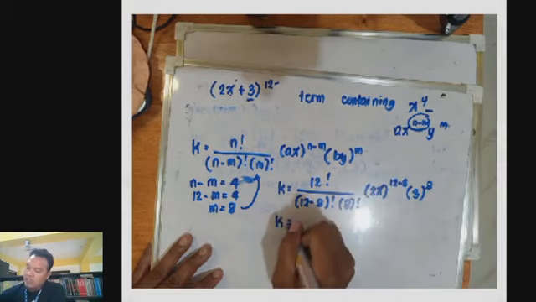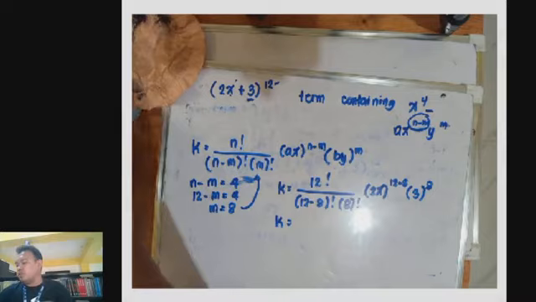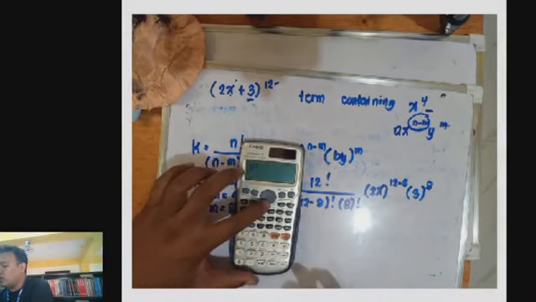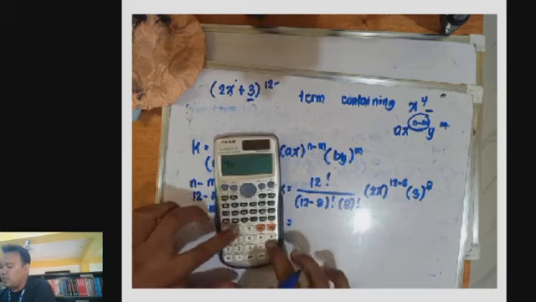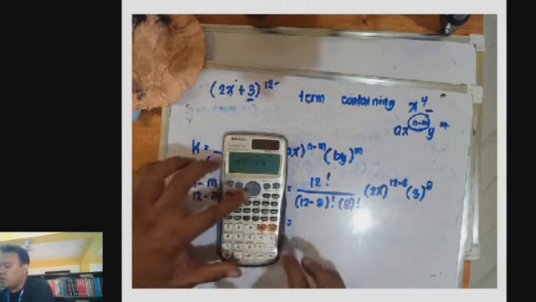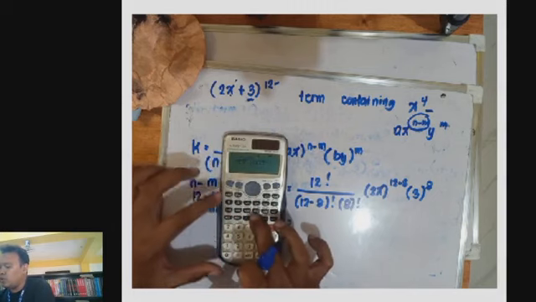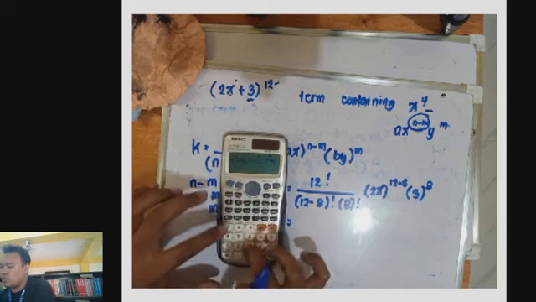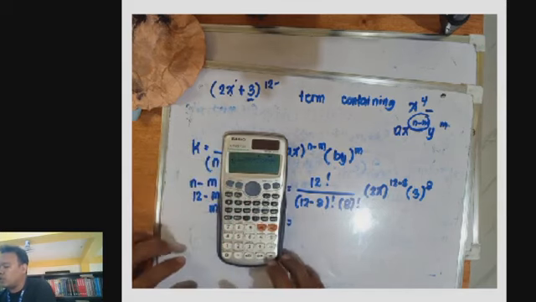Then the kth term is equivalent kay 12 factorial all over 12 minus 8 quantity factorial times 8 factorial times 2x raised to 12 minus 8 times 3 raised to 8.